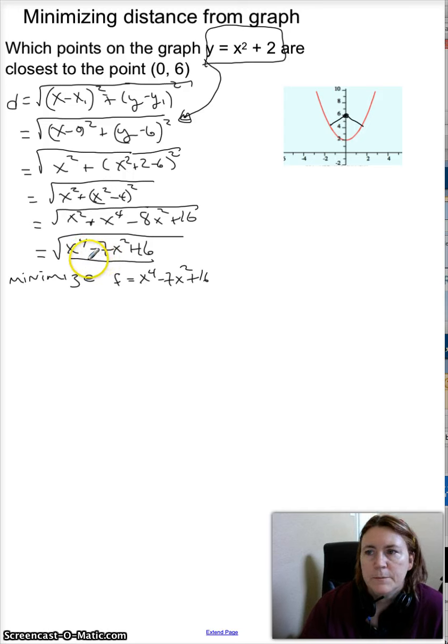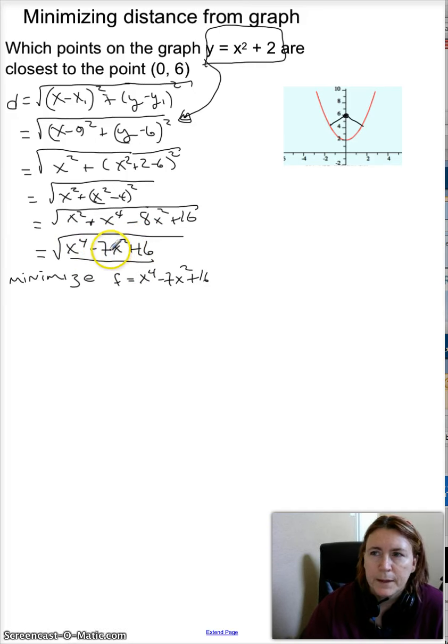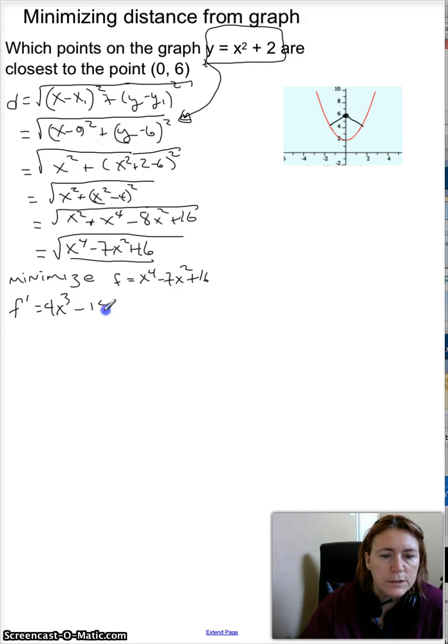Now we need to look at the domain. We know that this whole thing has to remain positive. We can't get any negatives under our radical. The domain for the function itself is all reals, so we're just going to have to make sure we don't mess that up too terribly badly. Now let's take the derivative. F prime is 4x cubed minus 14x.